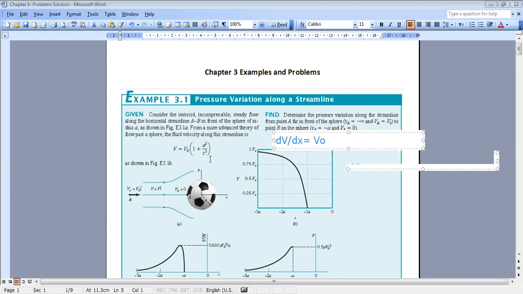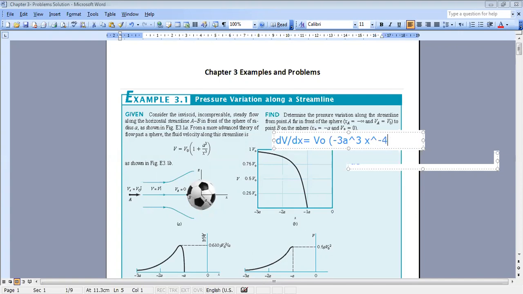So since I have a3 x to the power minus 3, the derivative will be minus 3 a3 times x to the power minus 4, which is equivalent to 1 over x to the power 4.